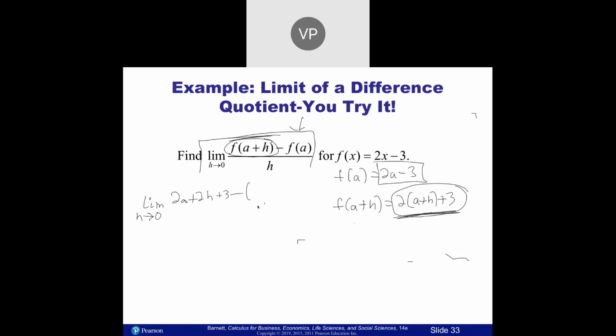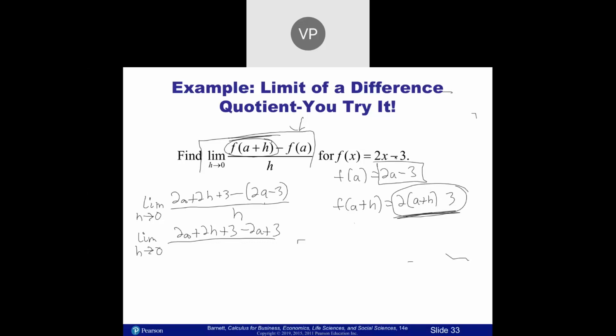Then we're subtracting this function, 2a minus 3, and all of that is over h. And now I simplify. So on the top, I have 2a plus 2h plus 3 minus 2a plus 3.